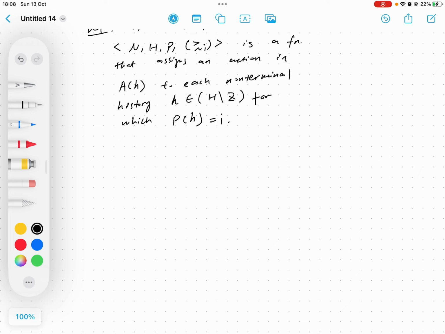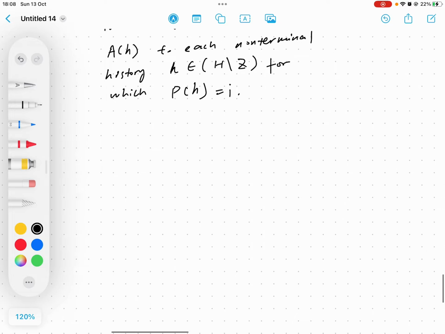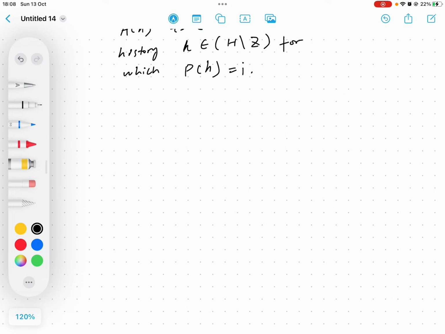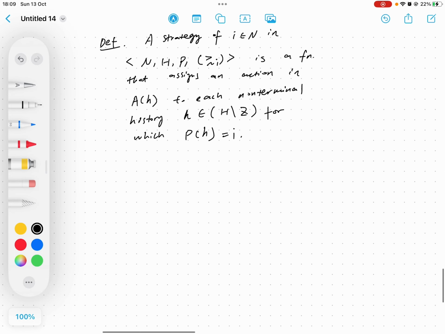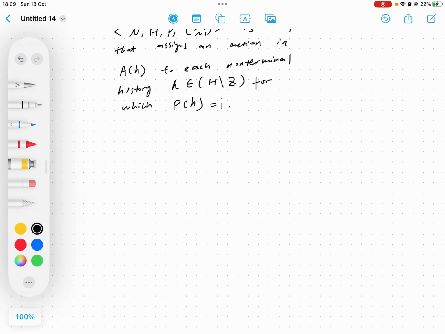So now let's define the outcome of a sequential game with perfect information, right? So we have the definition for outcome. Okay.